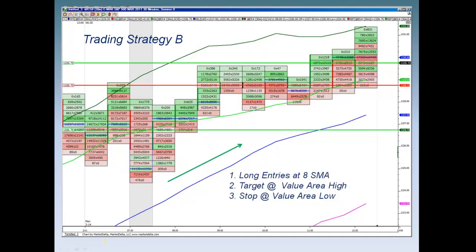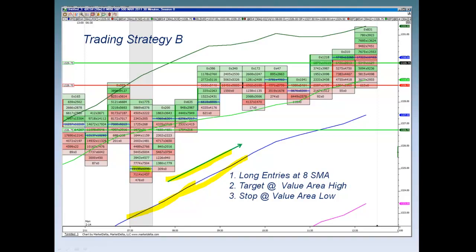All right, I'm going to switch gears and take a look at another simple strategy that we could use. And once again, I am always staying on the right side of the market, staying long. So when I see a day like this developing early in the day, here's my simple moving average heading up, I'm only thinking long.